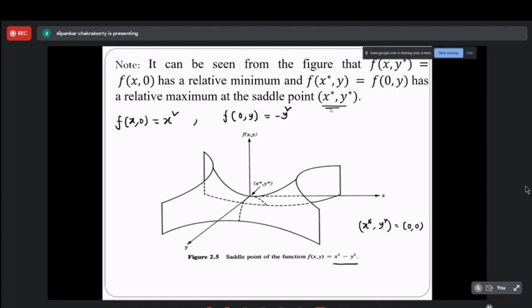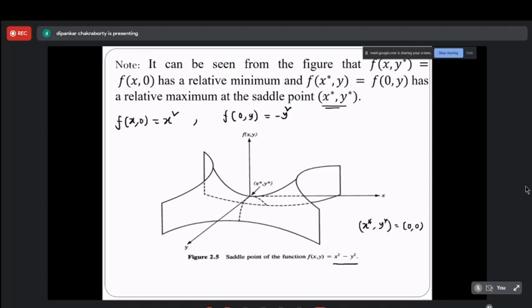Is it okay, what I am trying to say? Although the point 0, 0 is a saddle point, if we consider one variable at a time, suppose we consider y star first, then f of x, y star, that is f of x0, will always be a relative minimum.